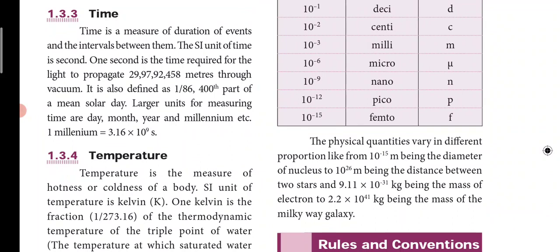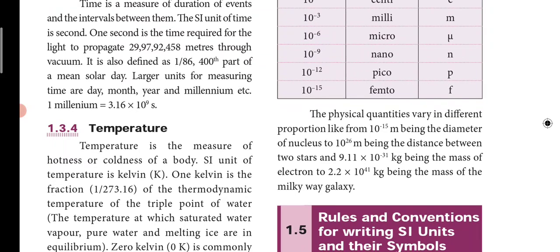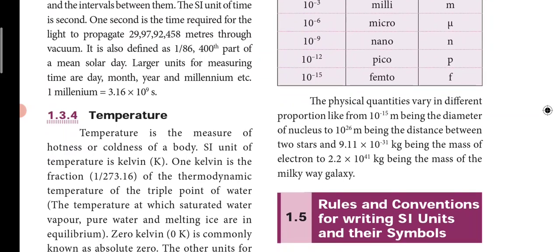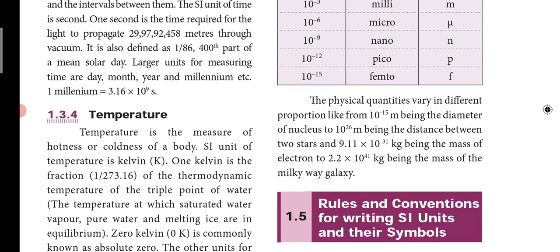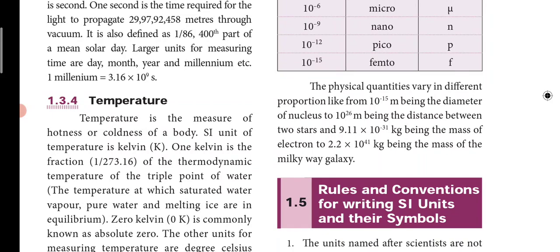The physical quantities vary in different proportions, from 10 power minus 15 meter, being the diameter of a nucleus, to 10 power 26 meter, being the distance between two stars. 10 power minus 15 meter means it is very minute. 10 power 26 means it is a very large distance. And 9.11 into 10 power minus 31 kg is the mass of an electron, which is a very minute weight.